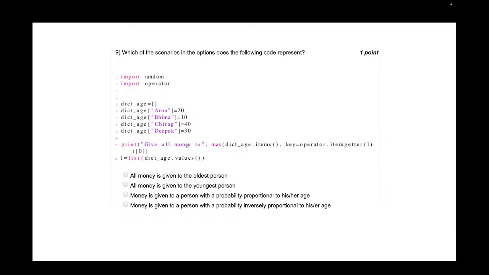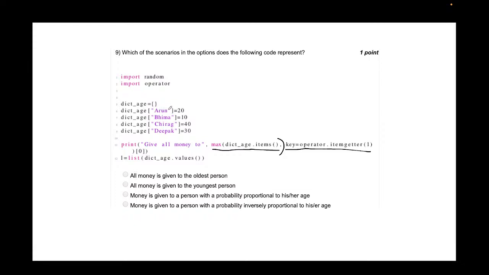It just says print give all the money to the maximum of dictionary items. You can ignore this operator thing for now, just consider till here. Based on this logic, out of the 4 options, what do you think is best represented by this code?